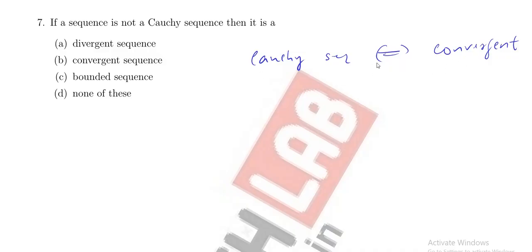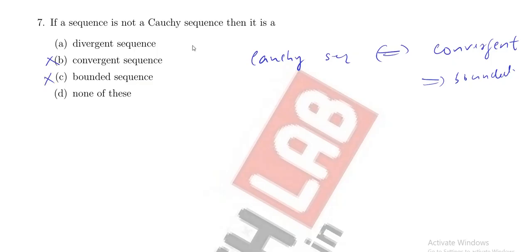So definitely you can say that it's not a convergent sequence. Every convergent sequence is bounded, but if it doesn't converge, it need not be bounded. So we cannot say that the sequence is bounded. So that is a false statement.